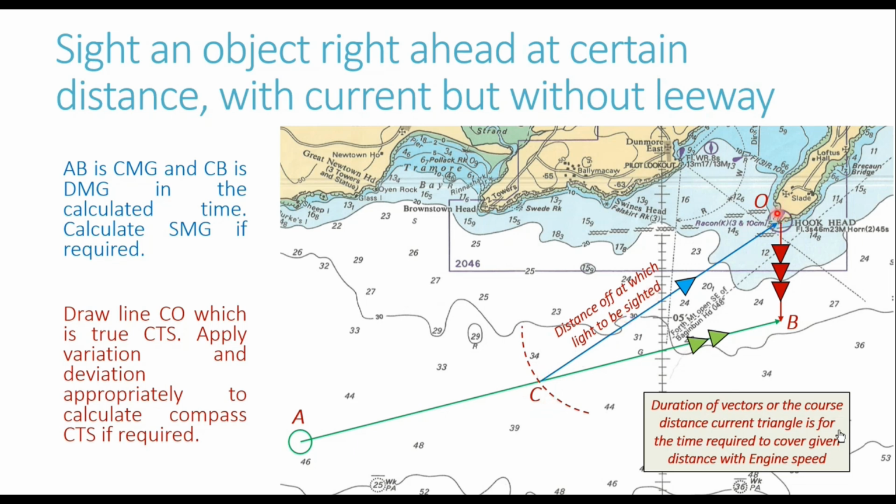So Charlie to Oscar is the CTS and engine distance for 1 hour. Oscar to Bravo is the set and drift of the current for 1 hour. Remember, Oscar Bravo drift was calculated basis this particular time only. And obviously, when Charlie to Oscar and Oscar to Bravo are for the 1 hour duration, then the third vector, that is Charlie Bravo, the green color course made good vector, will also be for the same duration.